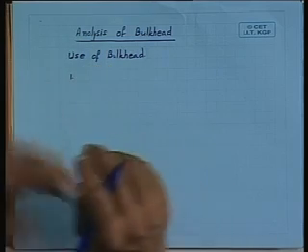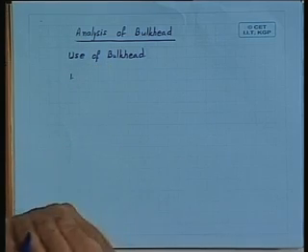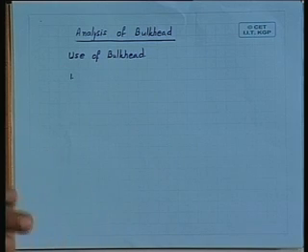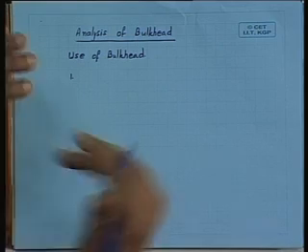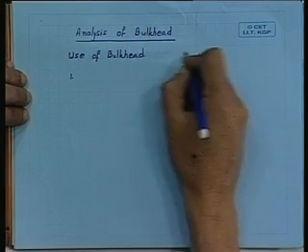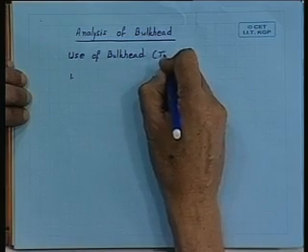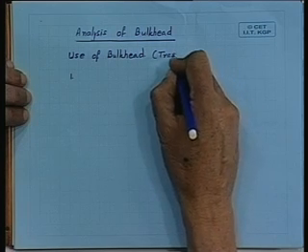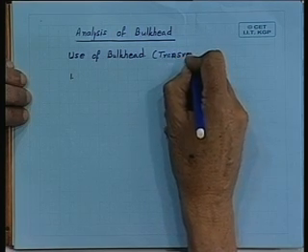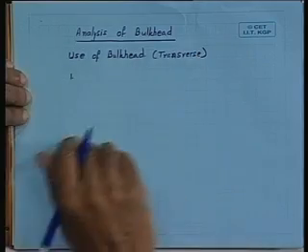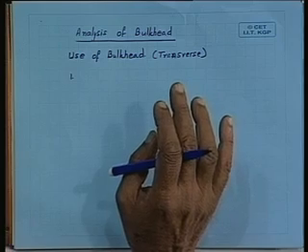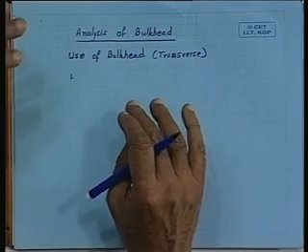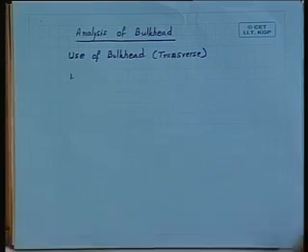Number 1, when we say bulkhead, it can be transverse bulkhead or it can be longitudinal bulkhead. Okay. So, we try to differentiate between the two and we say that transverse bulkhead, the first and the foremost is that these transverse bulkheads are required to subdivide the ship into a number of compartments.